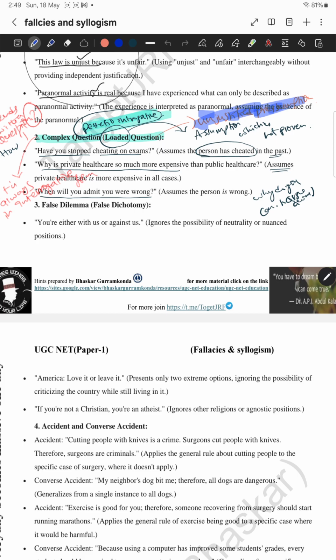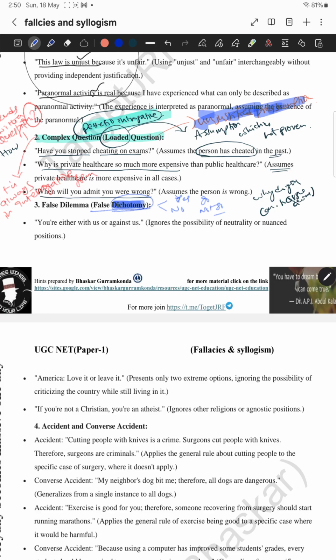False dilemma is false dichotomy. Dichotomous means there are only two things, like yes or no, go or not go.